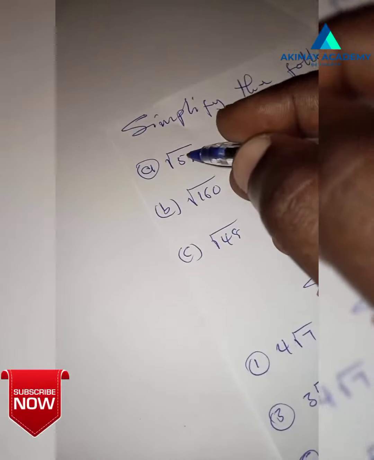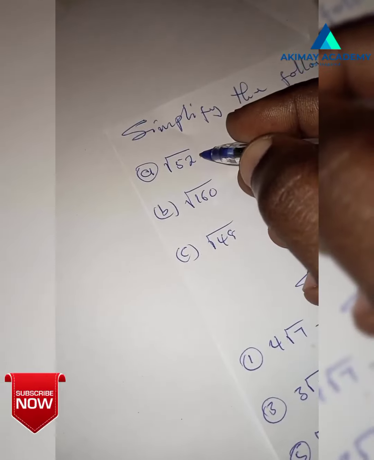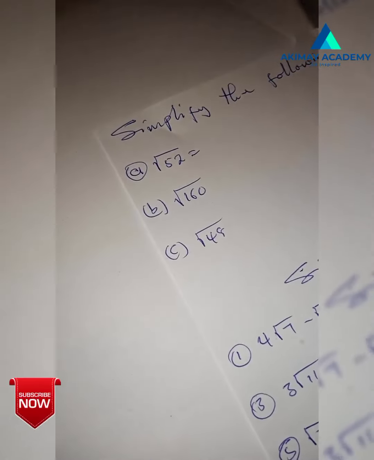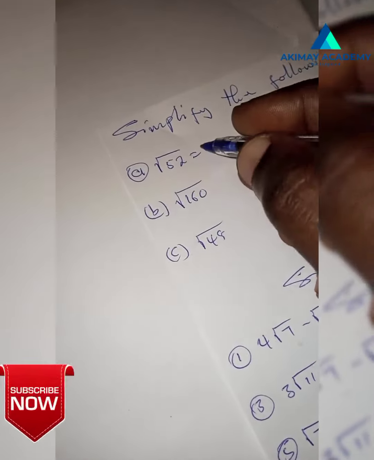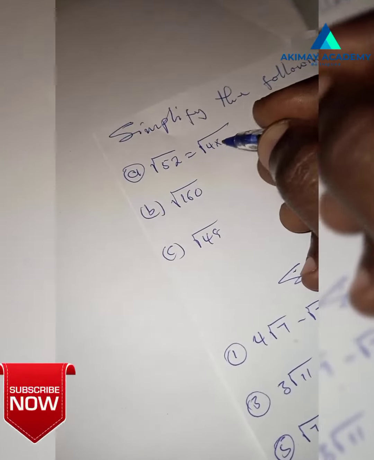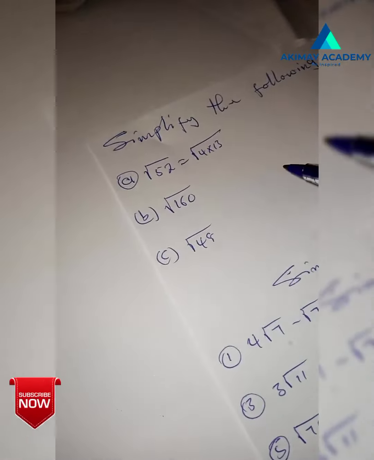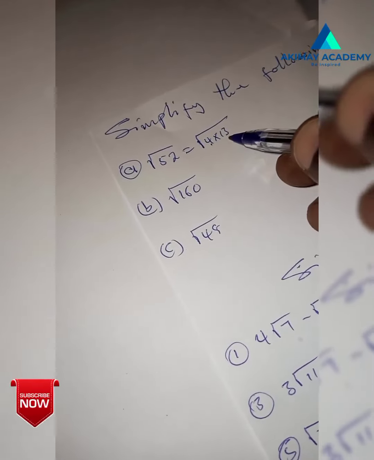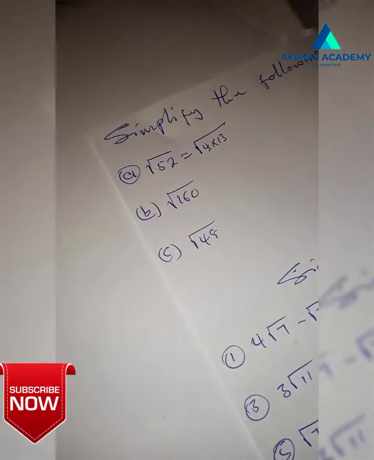We said here we have 52, and what we have to do is to find one perfect square number and one non-perfect square number. So here you can see that we can have 4 times 13, which gives us 52. 4 is a perfect square number, 13 is a non-perfect square.